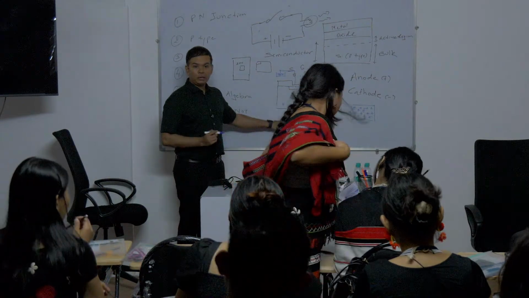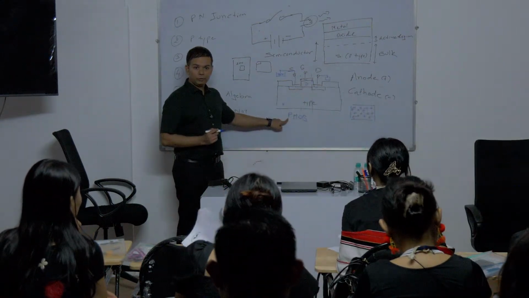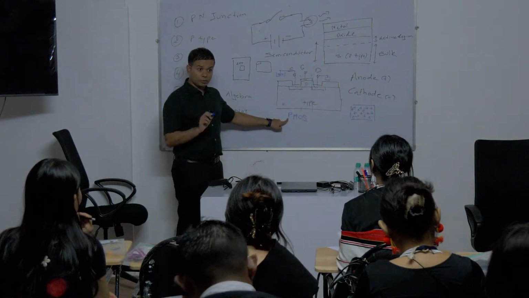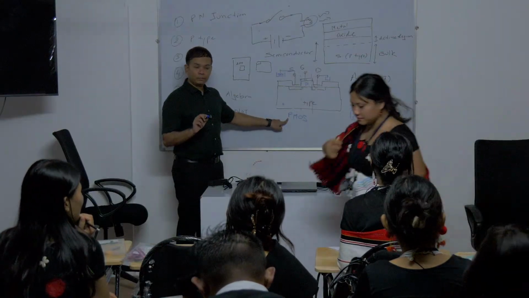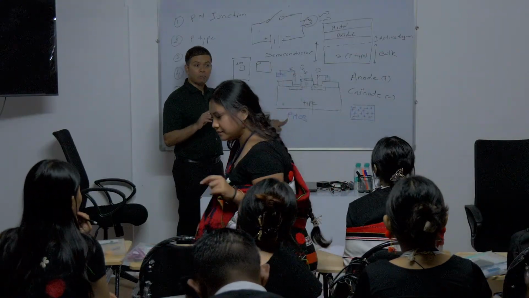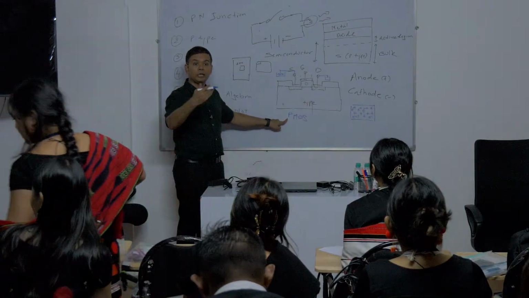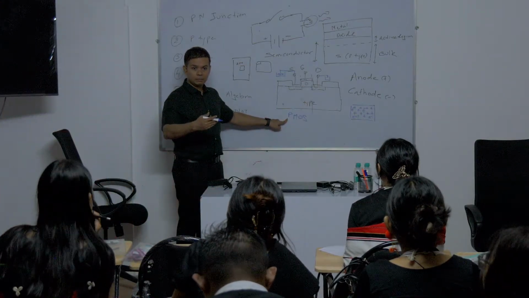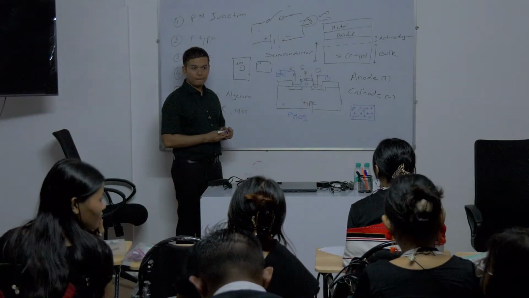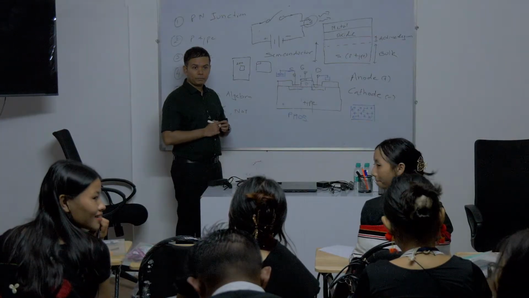Because you want to make a channel formed of positive carriers, which are holes, and holes will be minority charge carriers. So what will be the majority charge carriers?